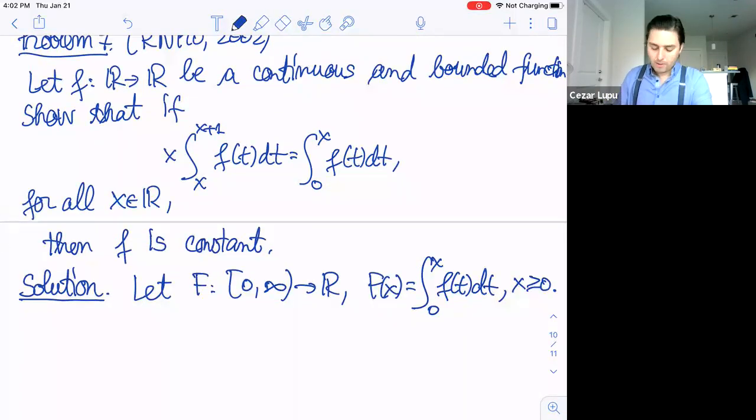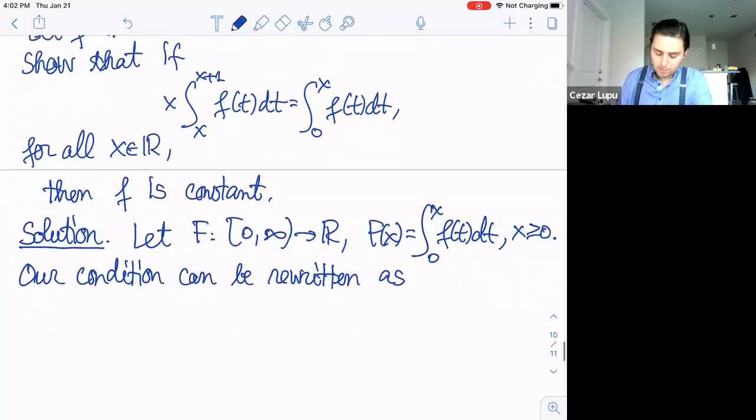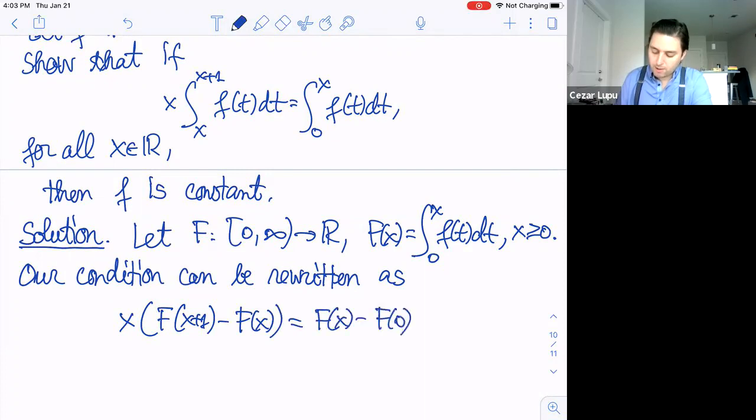So our condition can be rewritten as x times F of x plus 1 minus F of x, by the fundamental theorem of calculus, and this guy will be F of x minus F of 0, again by the fundamental theorem of calculus, but F of 0 clearly is 0, so it's just F of x.